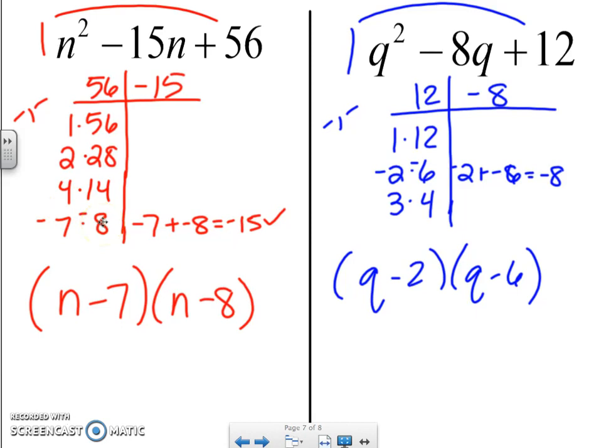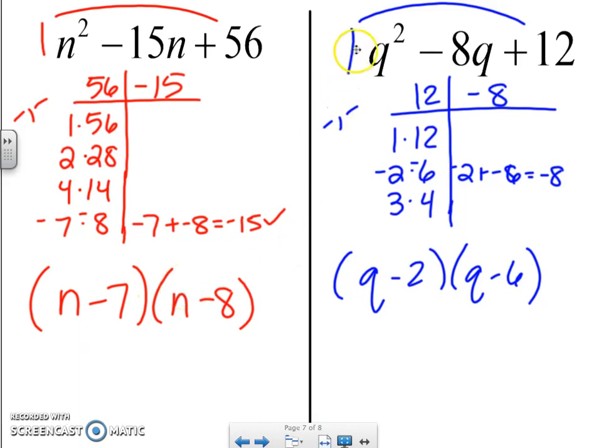So then, if this left side is positive, and the right side is negative, the only way you can multiply and get a positive but add to get a negative is when they're both negative. So I had to get negative 7 and negative 8, because 7 plus 8 is 15. So I wrote n minus 7 and n minus 8.